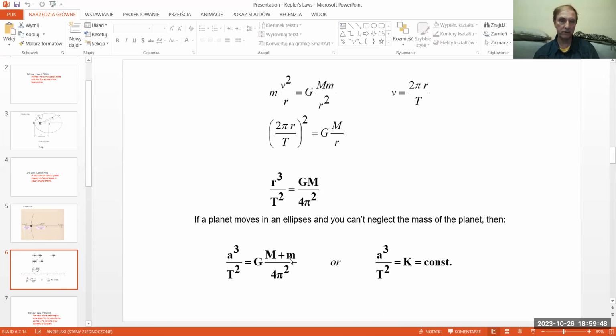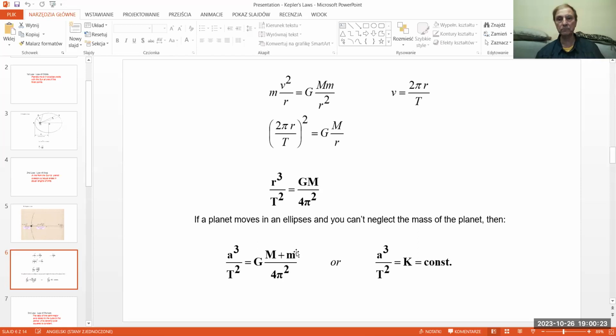Lowercase m, the mass of the planet, is constant. Of course, the denominator 4 pi squared is also constant. Instead of constant, we can use any letter. In our case, the letter K has been used. So this is a simplified form of Kepler's third law, or a little more expanded is this one.